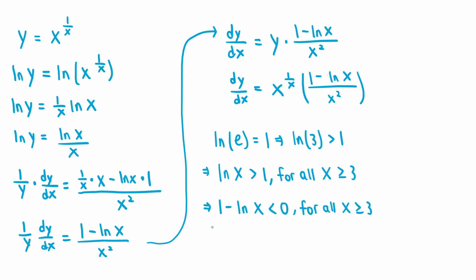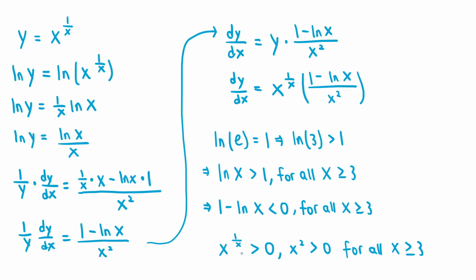So if we look at the expression 1 minus ln of x, assuming x is greater than or equal to 3, we know that ln of x is greater than 1, so that means 1 minus ln of x would definitely be a negative number, so it's strictly less than 0. So 1 minus ln of x is less than 0 for all x greater than or equal to 3.